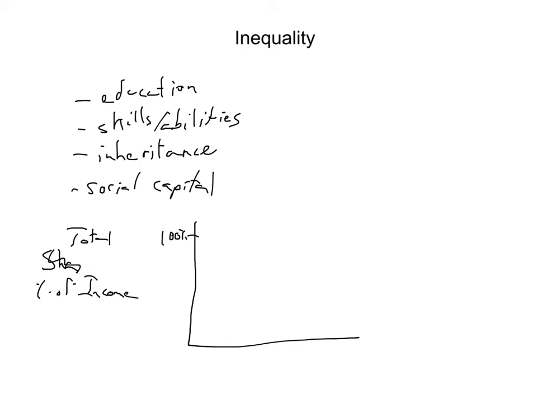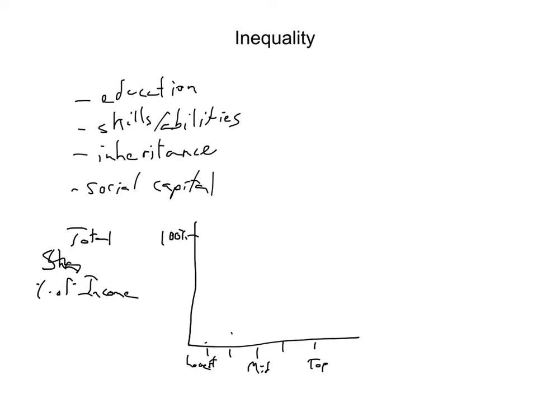Okay, and then let's say that we had 5 groups, and this one over here is going to be the income earned by the bottom 20% of people. So it's probably going to be less than 20% of income, right? Maybe it's only a small amount. And then we'll have the middle 20%, the top 20%, the richest 20%.